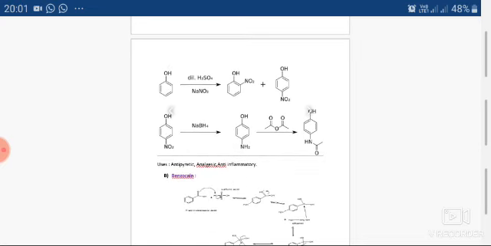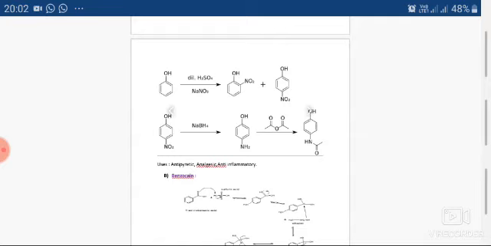In this reaction, what is happening? When phenol undergoes nitration with nitrating mixture, it could be either dilute H2SO4 and NaNO3, or it could be H2SO4 and HNO3. Any one of these, both are same, so that we have used dilute H2SO4 and sodium nitrate, that is NaNO3.